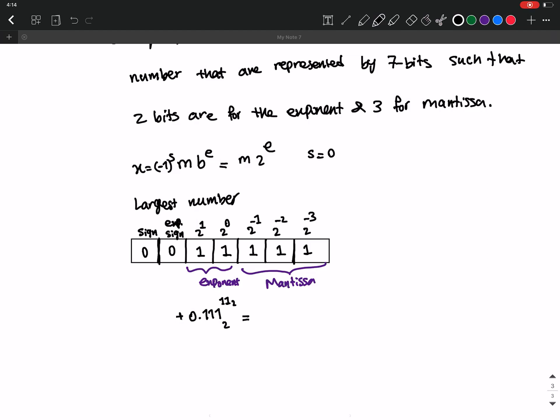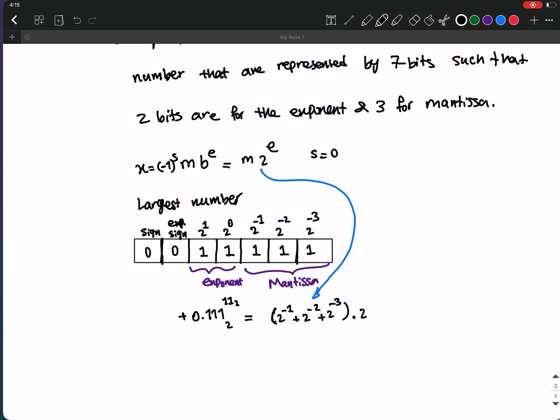So what is it? The mantissa is gonna be based on this formula here. It's gonna be 2 to the power minus 1 plus 2 to the power minus 2 plus 2 to the power minus 3, times 2 to the power exponent.